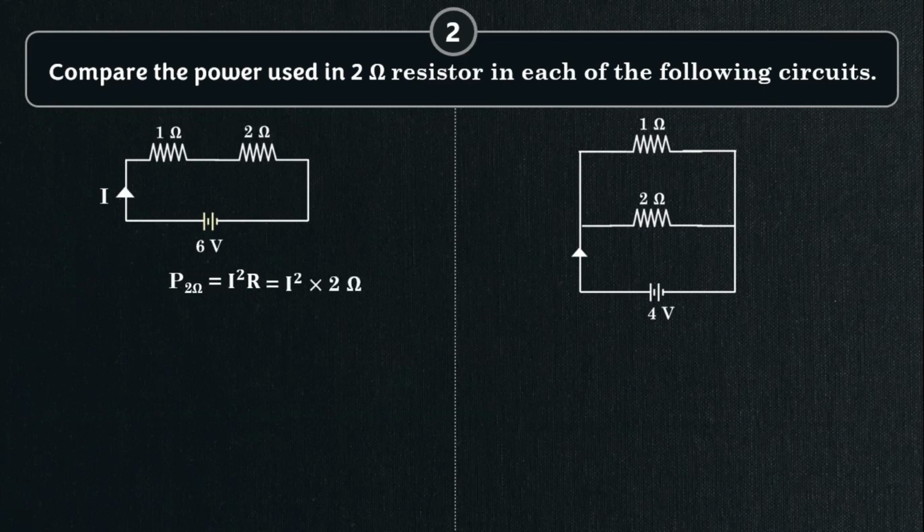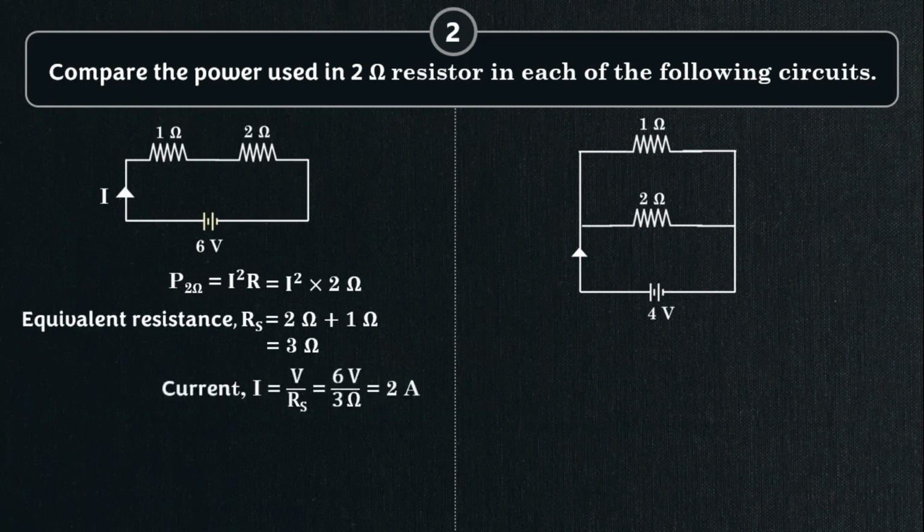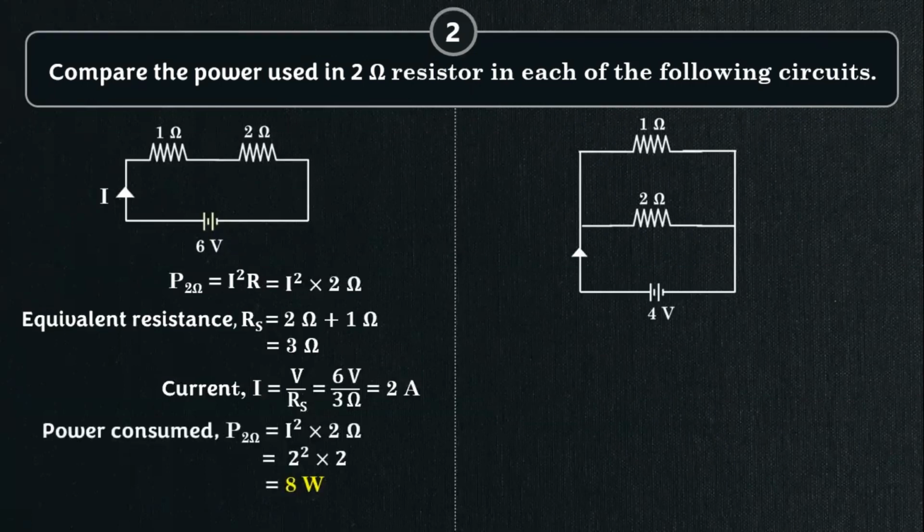So next we need to find I. For that, equivalent resistance is equal to 2 plus 1, that is 3 ohms. Current I is equal to V divided by RS, that is 2 ampere. Then substitute the values in power equation. Then we will get the power consumed in 2 ohm resistor as 8 watts.